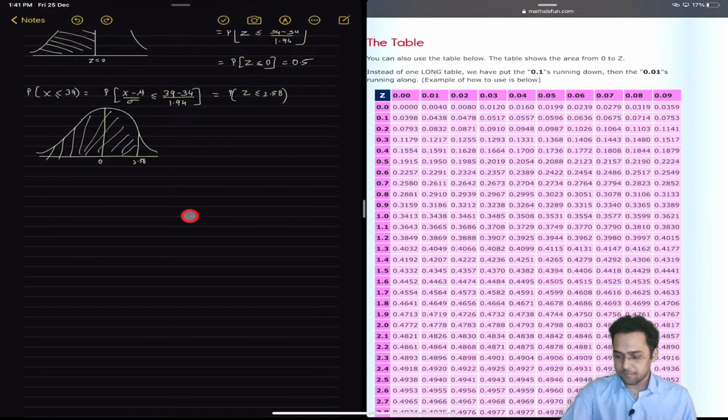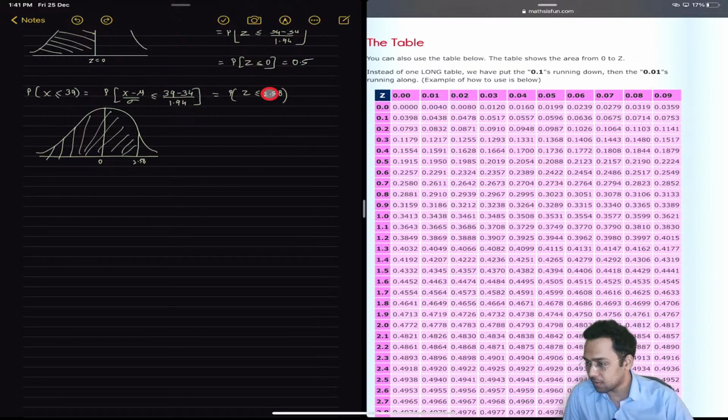Arjav has even placed it on the WhatsApp group, or else you can look up 2.58 over here.